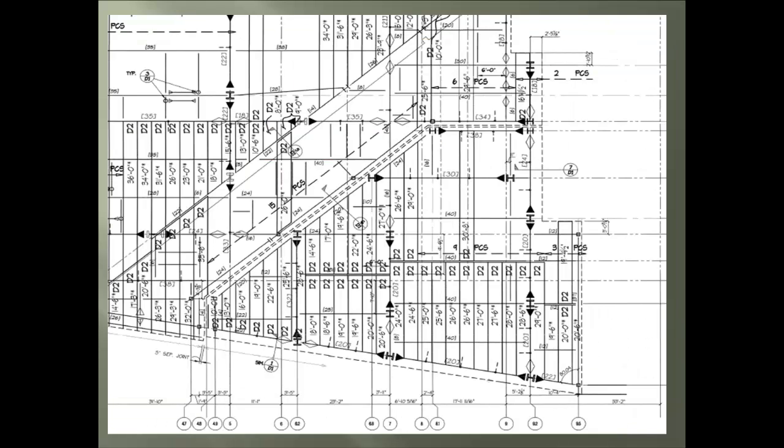Let's look at another scenario, and we'll use this area of the floor. We have 8 columns, plus 2 small columns out here on the deck edge.